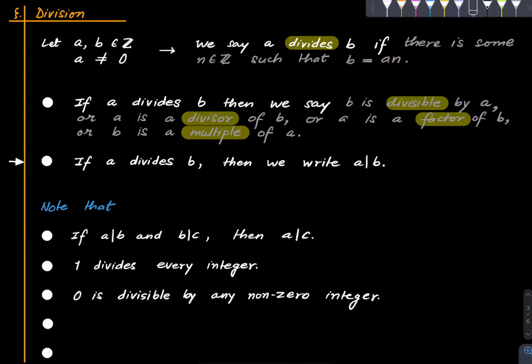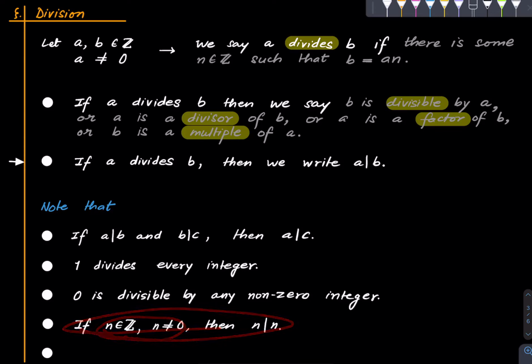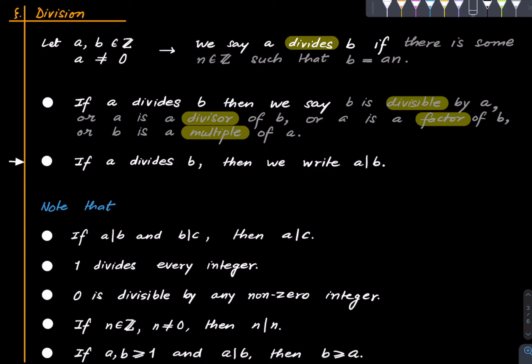So that's clear. Every non-zero integer divides itself. You pick a non-zero integer, then it divides itself. So that's also clear. And lastly, suppose we have 2 integers, both of which are at least 1, and A divides B, then B is at least A. Again, that should also be fairly obvious.